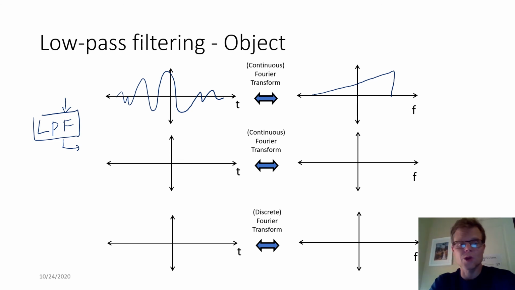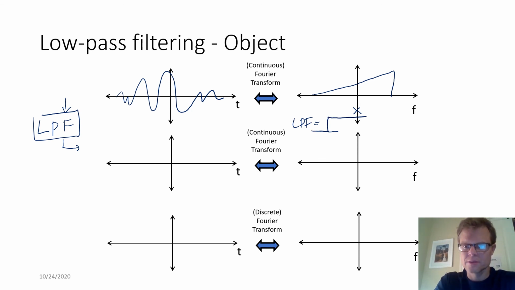But really what the low pass filter is best thought of in the Fourier transform domain. This low pass filter is equivalent to multiplication of this original spectrum by some function like so.